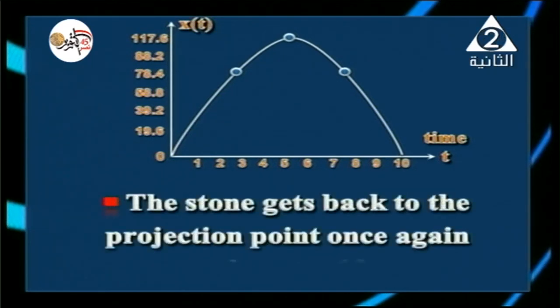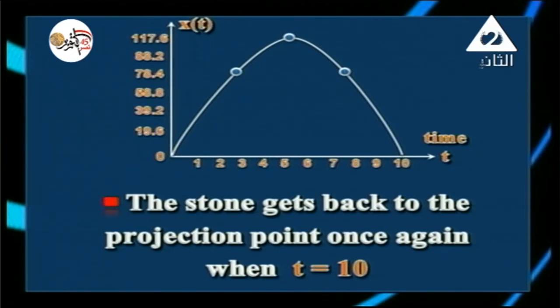The stone gets back to the projection point once again when t equals what? t equals 10. My dear student, if we projected the stone at t equals 0, after 10 seconds the stone gets back to the projection point.